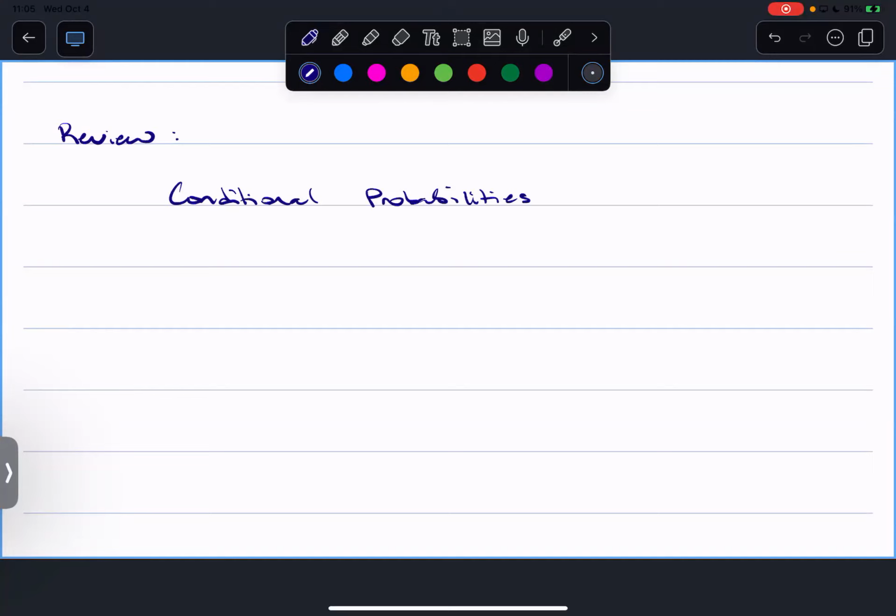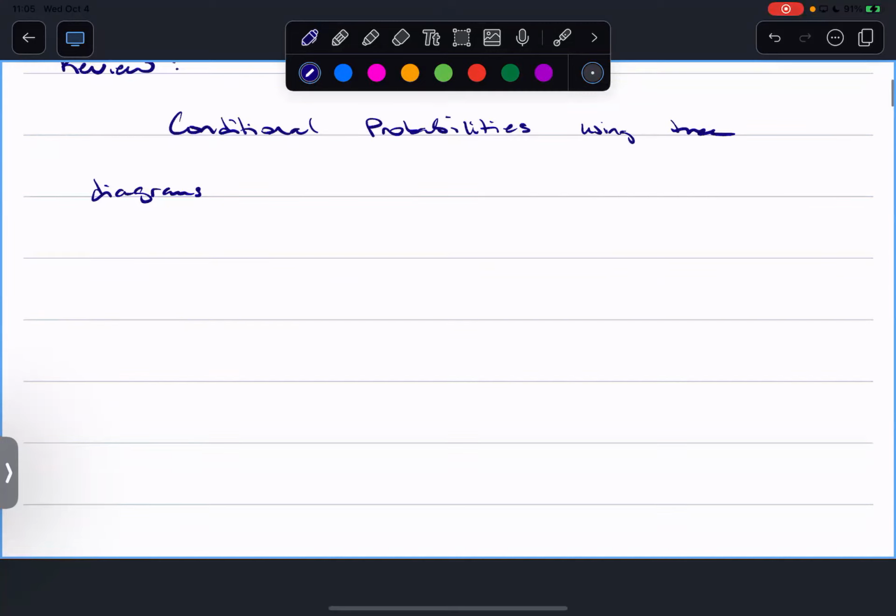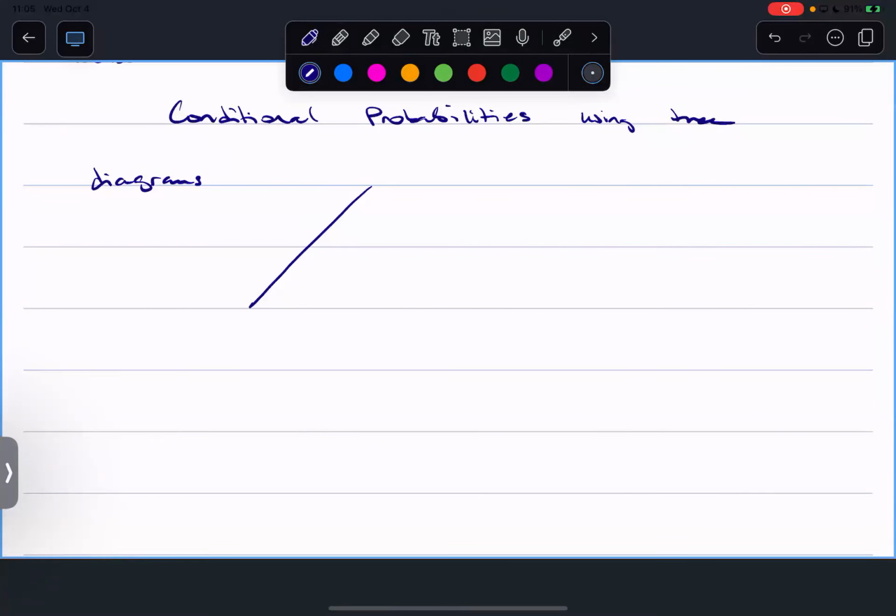We could use Bayes' theorem, which is an official version of the tree diagrams, but conditional probabilities using tree diagrams, where a generic tree diagram might look something like this. I break it down, and you can have multiple branches, but for simplicity's sake, let's just talk about 2 branches, where let's say A happened or A didn't happen.